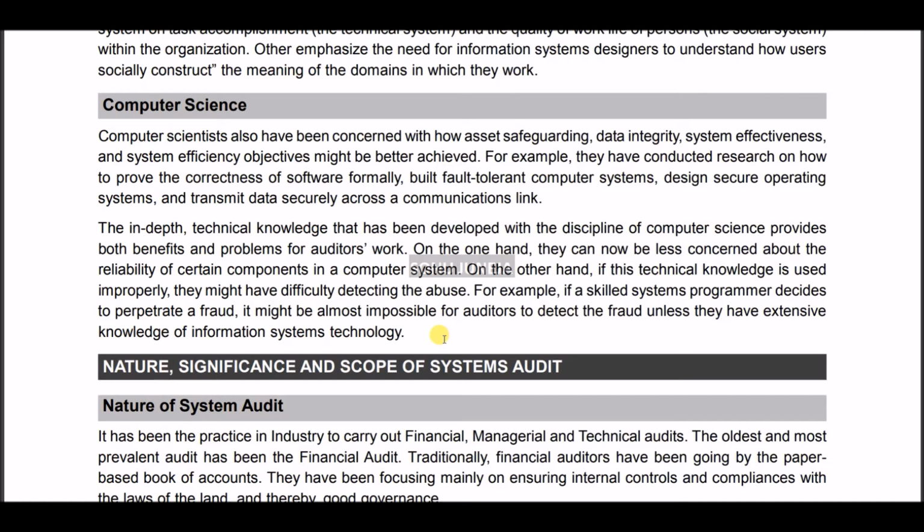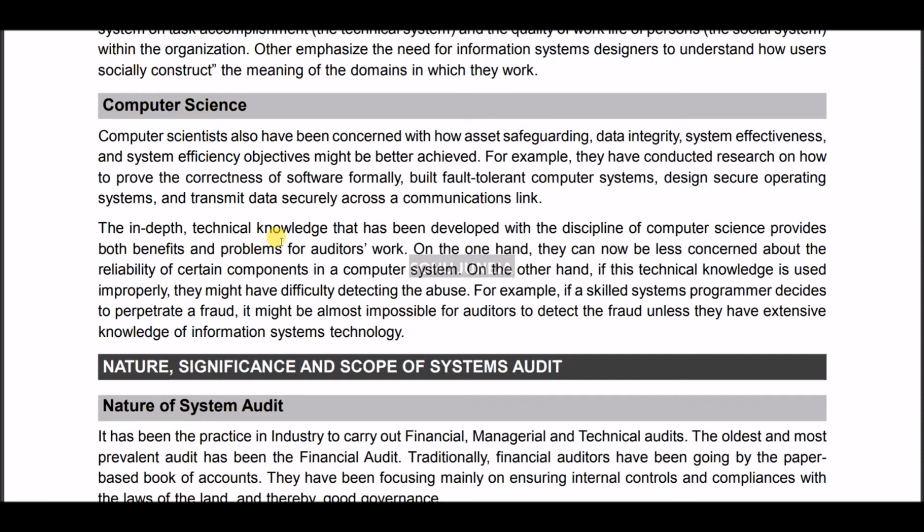It gives a benefit as well as a disadvantage, because by the end of the day, if you know a computer system and you're well off with the knowledge, you need not be stressed about certain training. But by the end of the day, being tech savvy, you can also consider the improper use of your knowledge.